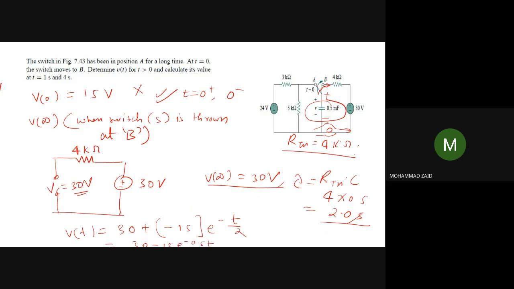This is the complete response of the circuit. Now you put t equal to 1 second and 4 seconds, you will get the voltage for different values, and you can draw. Let me write this expression again.